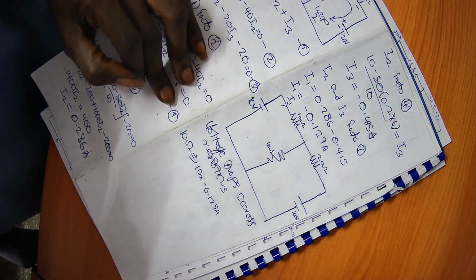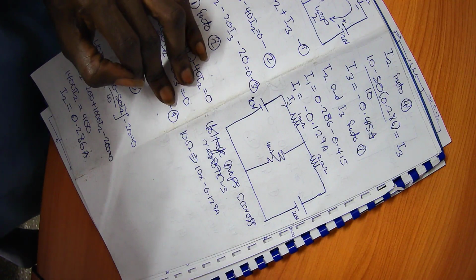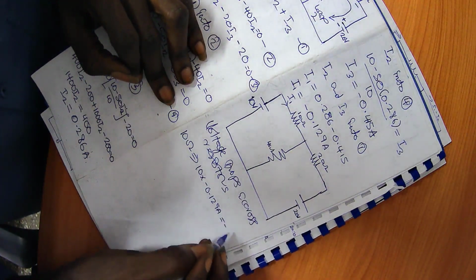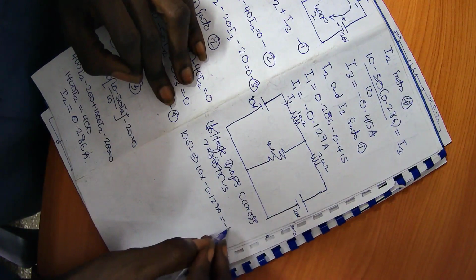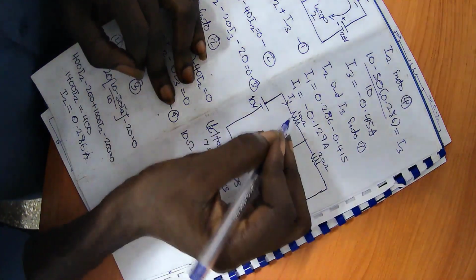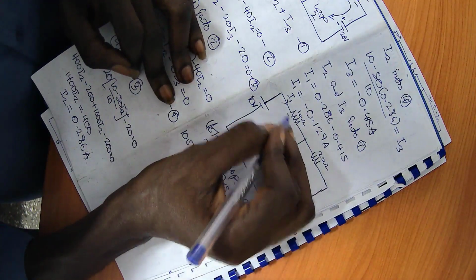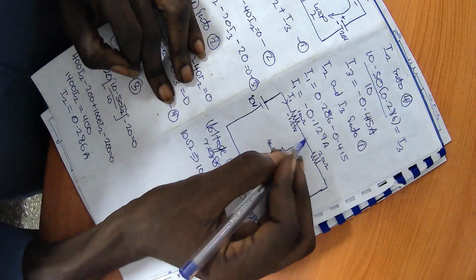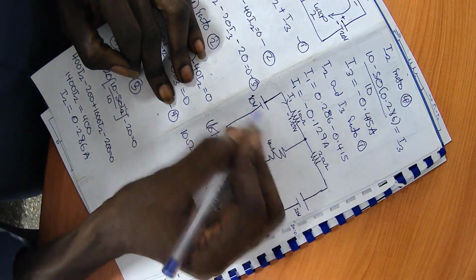So we will have 10 times 0.129, which will be equals to negative 1.29 volts. So the voltage drop here is negative 1.29 volts.